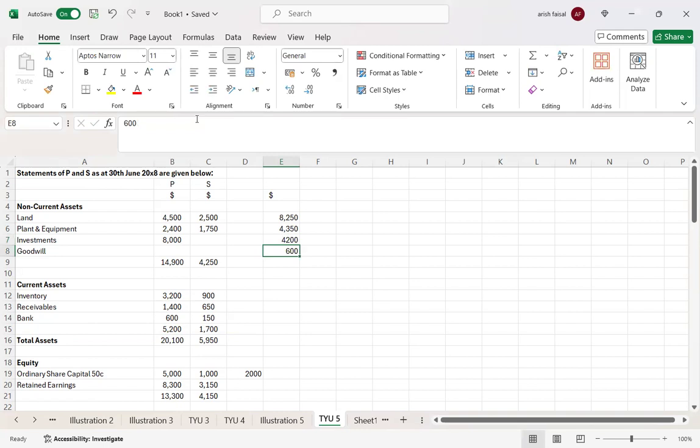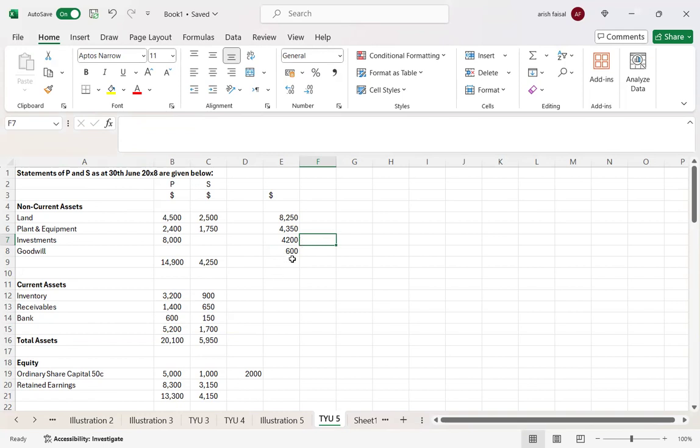So this 4,200 is worth of other investments actually. Okay, so which are not to be deducted, right? Because only the investments in the subsidiaries will be deducted, but the other investments will be shown in the consolidated statement of financial position because you're doing those investments outside the group.